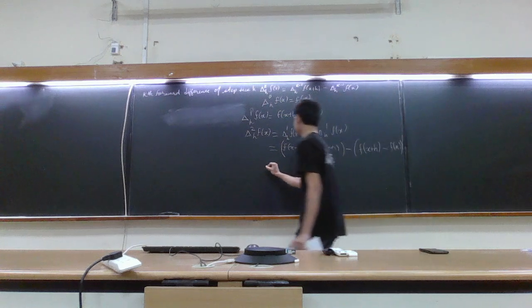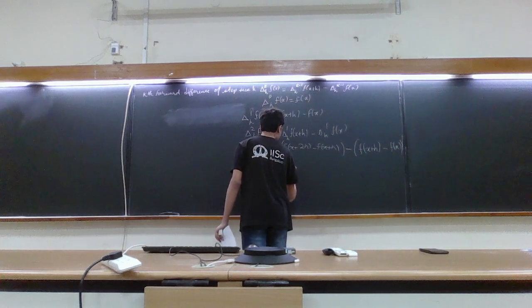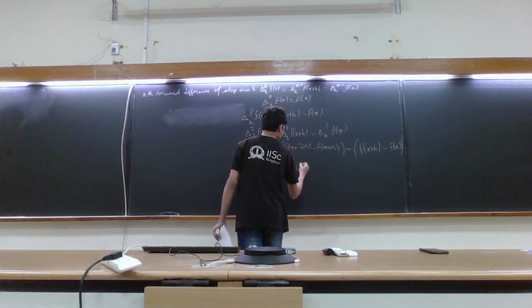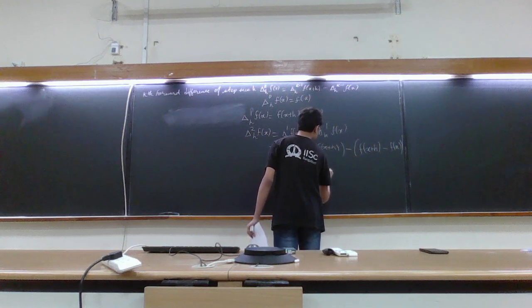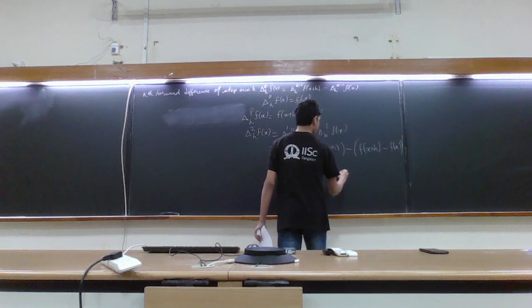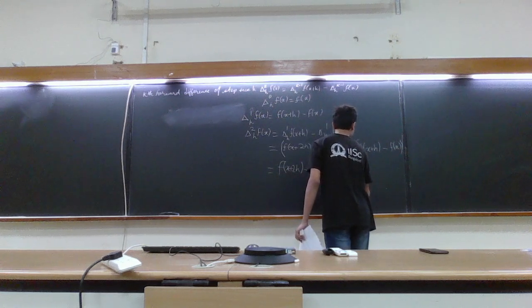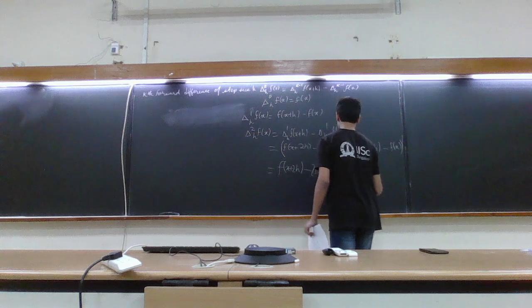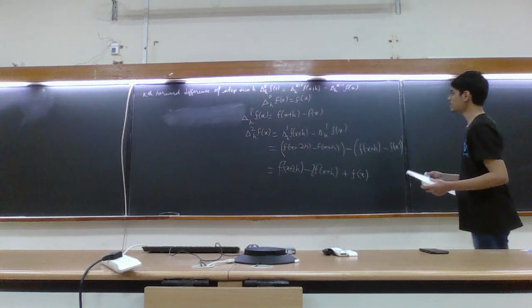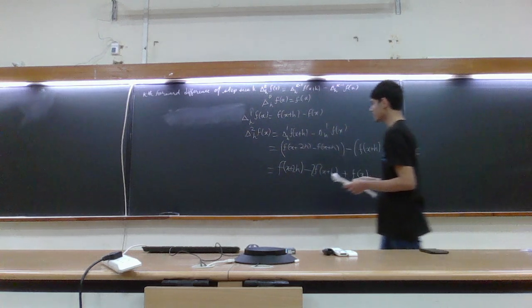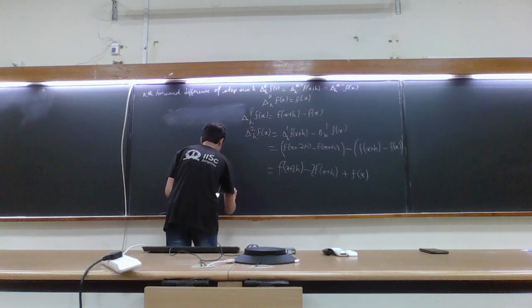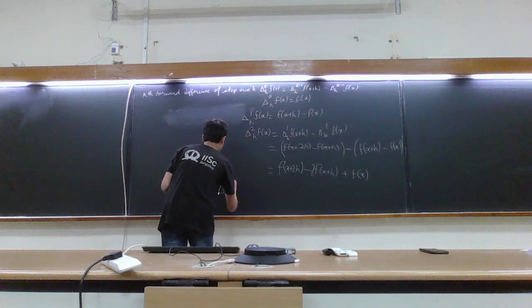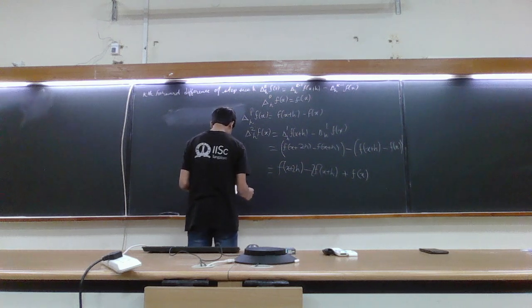So this gives you f of x plus 2h minus 2 times f of x plus h, plus f of x. So this looks like the binomial formula, and one can prove by induction that for any integer k greater than 0, we have the following.